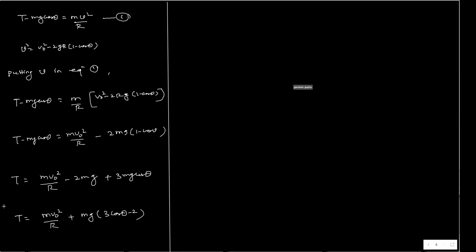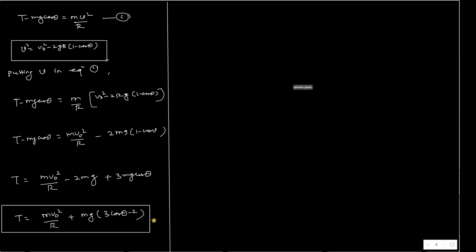So this is tension as a function of theta. If you want, you can remember it, that will be helpful because you don't need to derive it every time. This is the tension as a function of theta, and this is the velocity as a function of theta. So you know what will be the velocity and the tension at any theta.